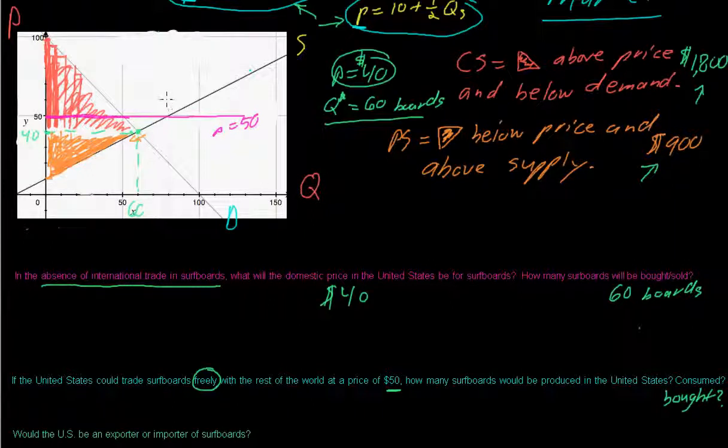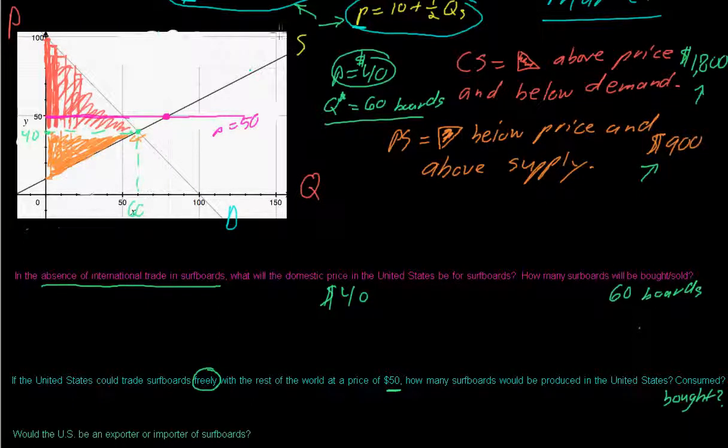So it says how many surfboards would be produced in the United States? Well, that's pretty simple. Even though at this point we don't know how many surfboards are going to be bought in the US, we'll get there. We know that the US producers will supply this amount of surfboards, which is, let me figure this out.